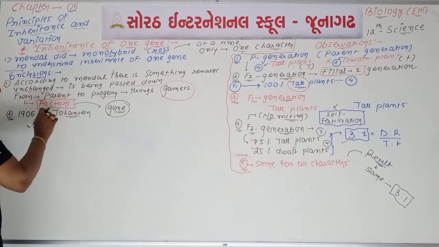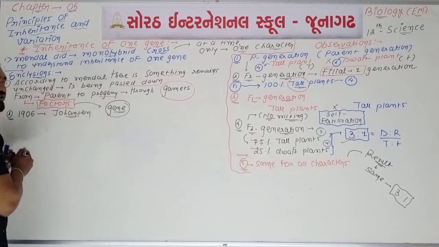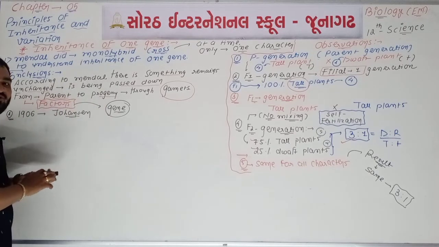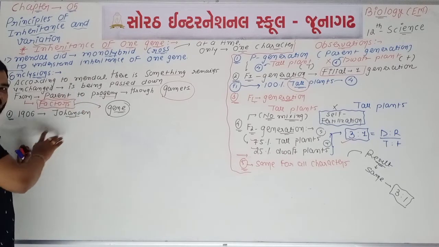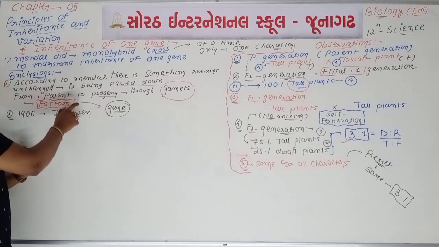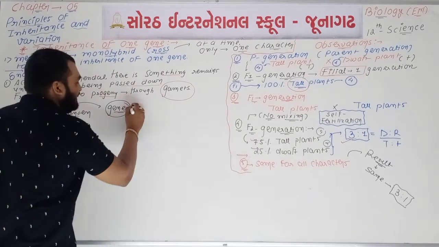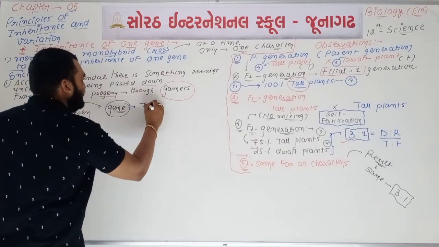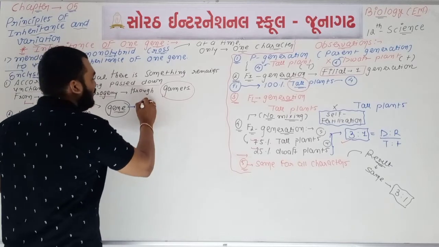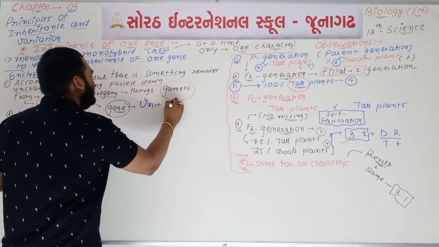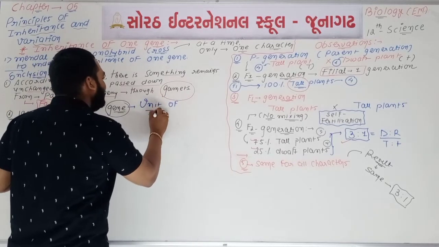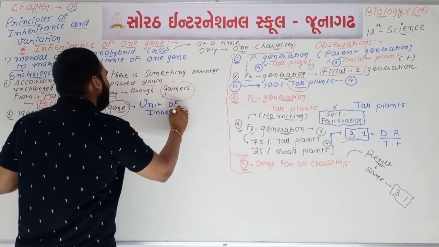Johansen said that factor is equal to gene. Mendel said factor, Johansen said factor is equal to gene, and genes are the unit of inheritance.